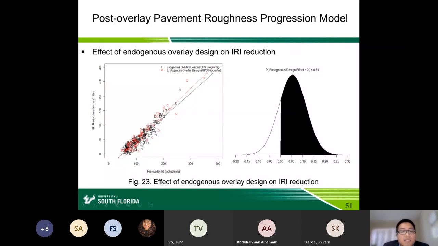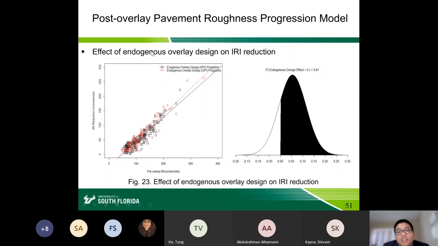So it can be seen the slope is larger. It means more pavement distresses will be addressed, or thicker asphalt overlay will be implemented when the original pavement suffers severe pavement distresses.